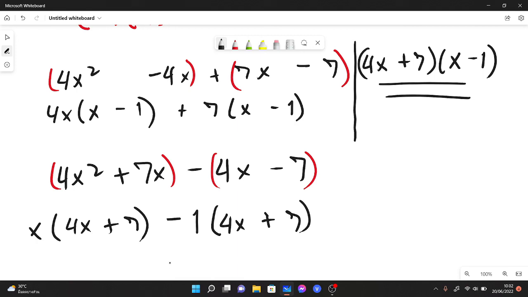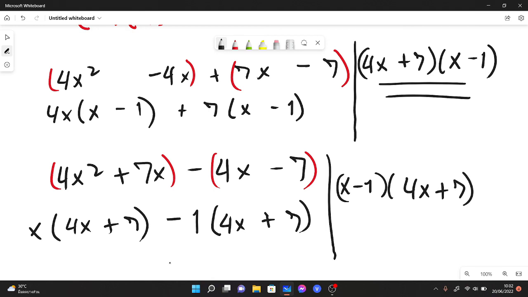So our answer here is x minus 1 times the quantity 4x plus 7, and we can see that we have the same answer. So there will be no problem if you have written it in the other arrangement of the quadratic expression.